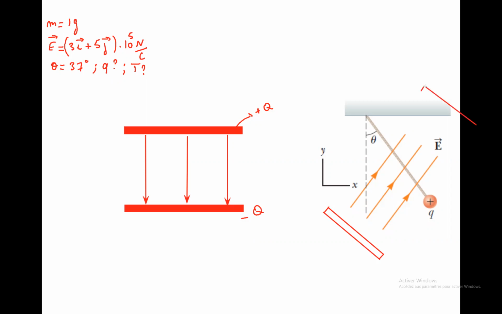In our case here, to have a field in this direction, here we must have the positive charge, and here we have the negative charge, and between these two charges we have the field E. Just to understand this point. Okay, let's continue.